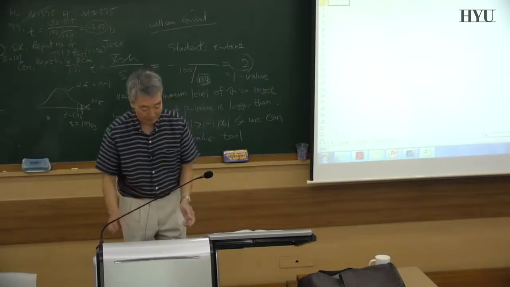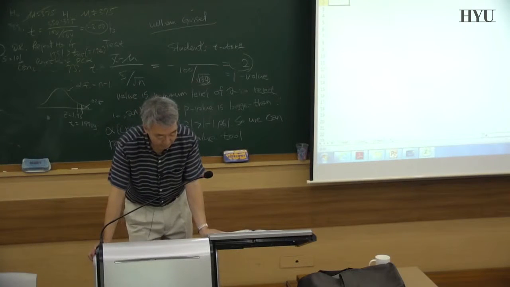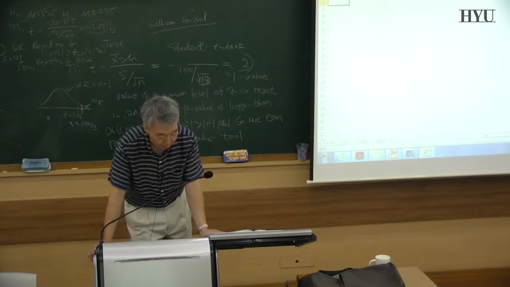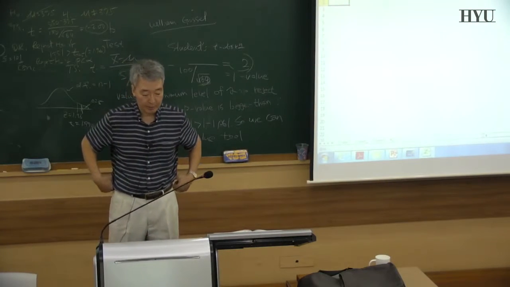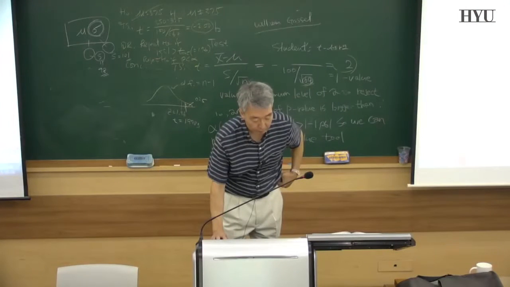Oh, the computer is very slow. So the p-value came out to be 0.0498, almost 0.05, but still less than 0.05, so you can make a conclusion based on that value.